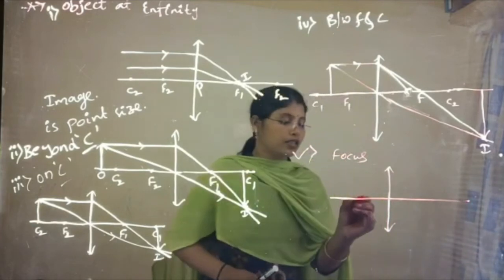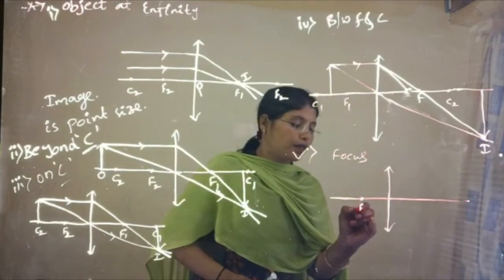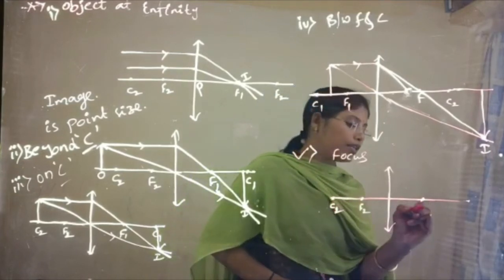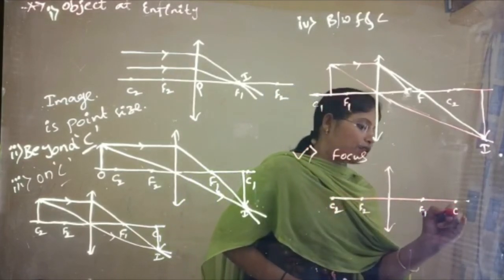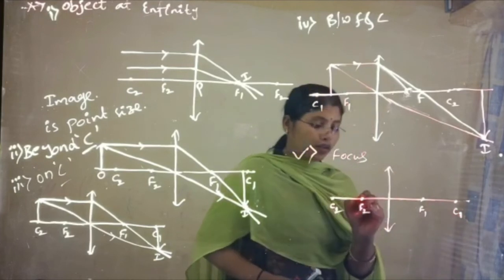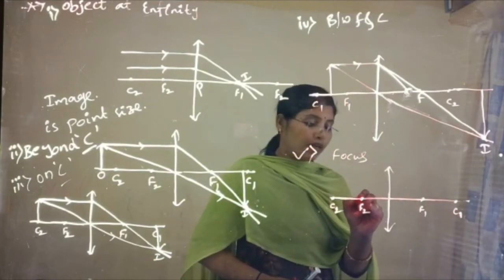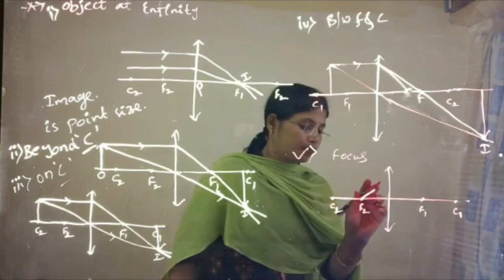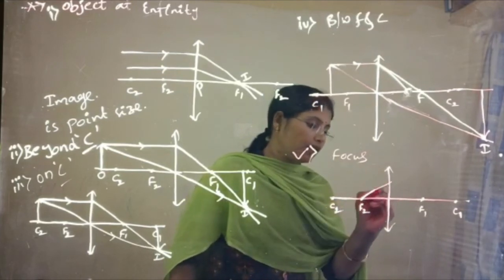Okay, principal axis, here the focus point and center of curvature. So if the object is placed at focus, we are getting what?